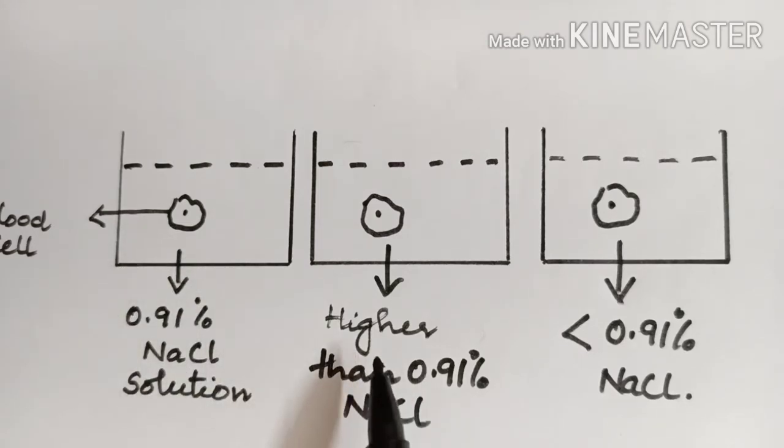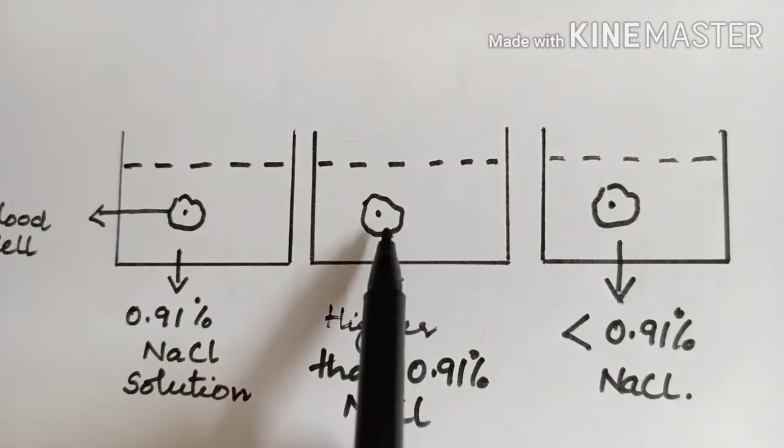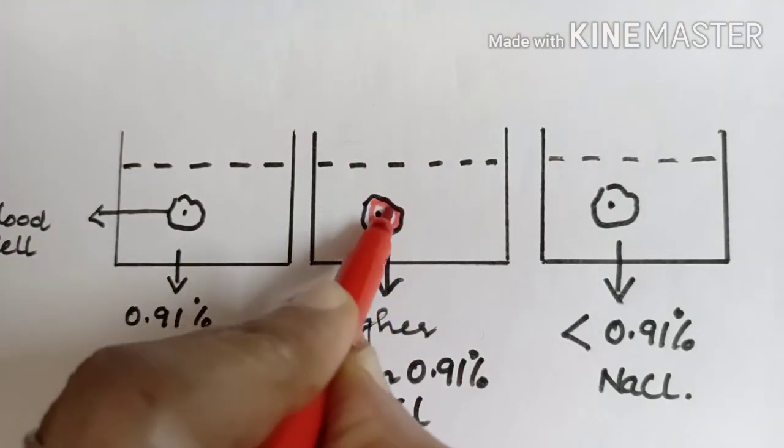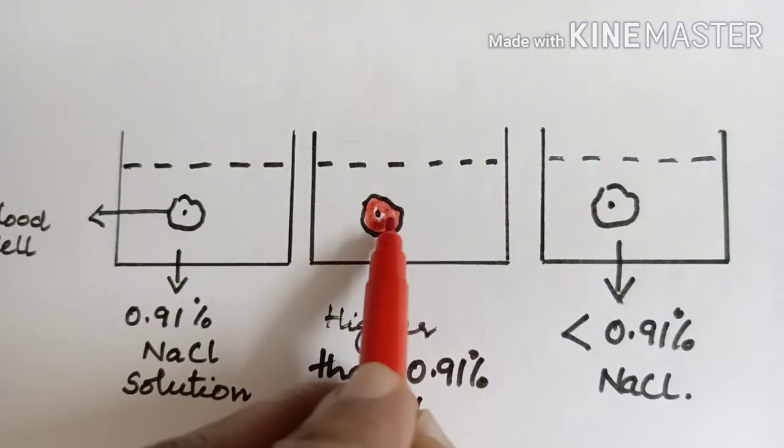Whereas if you are placing the blood cell in a concentration higher than 0.91%, you find that the concentration of the solvent water is more inside. As a result, what happens here?